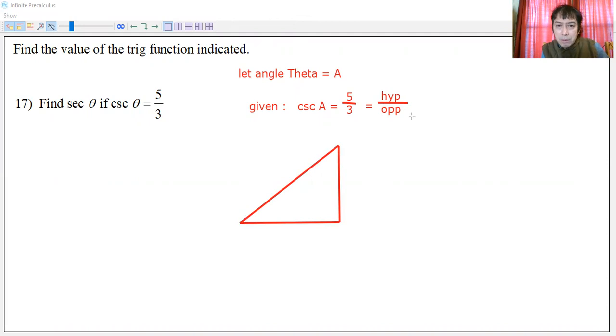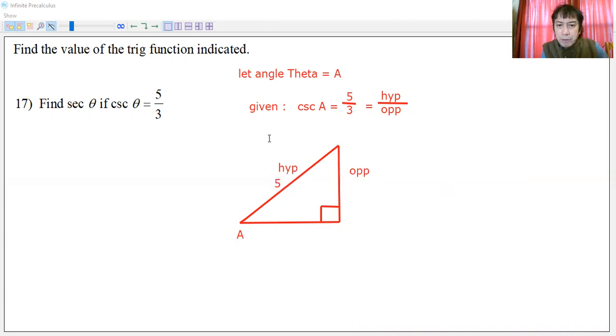And our right angle must be this, and our angle A must be over here, and our opposite side to angle A must be here, and our hypotenuse is the one over here, and that means this is our 5.